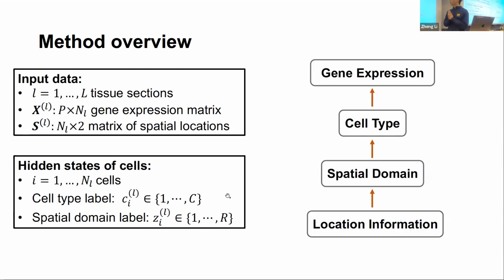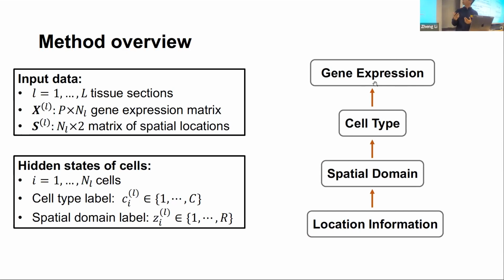And we do so based on a hierarchical model. So we link the 4 components, the gene expression, cell type, and spatial domain and location information within a Bayesian hierarchical framework. And on the outermost layer, we have gene expression.